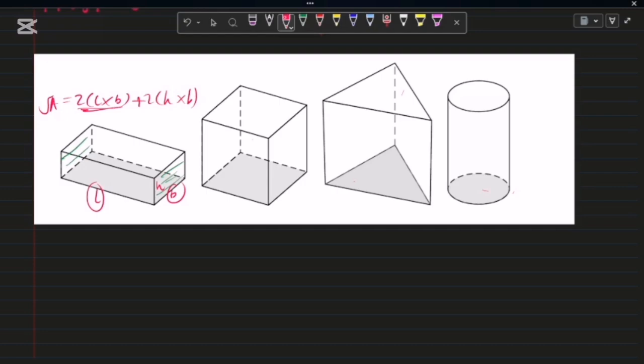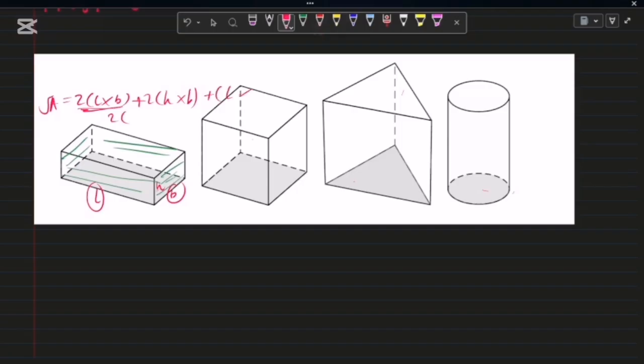Okay. And then last but not least, we have to consider this face. Okay. This one, which is exactly the same as that one. Okay, so because of that, we can see that we will have 2 times the length times the height.